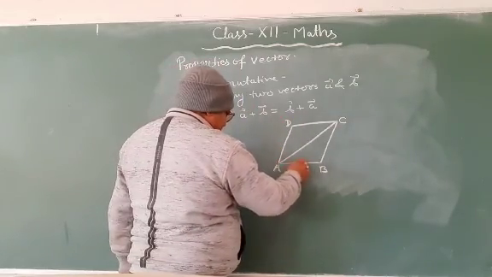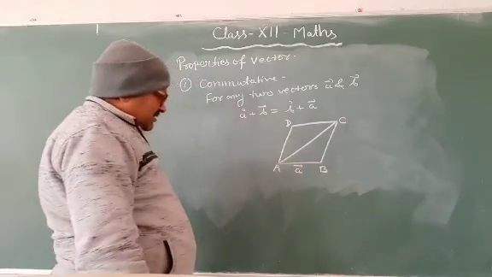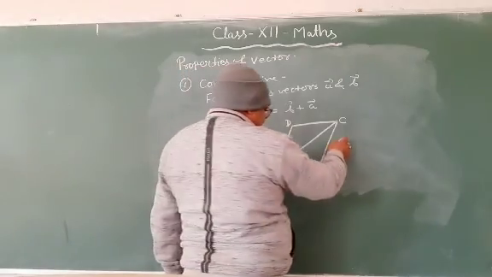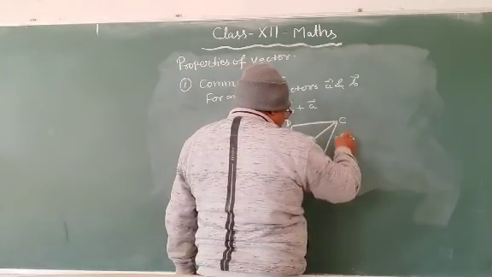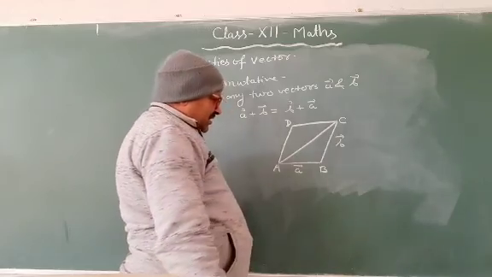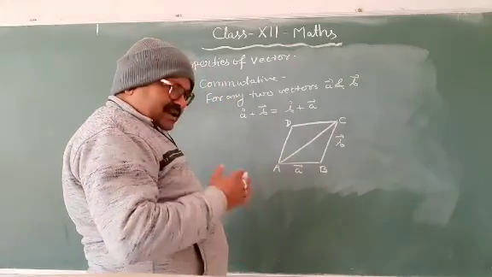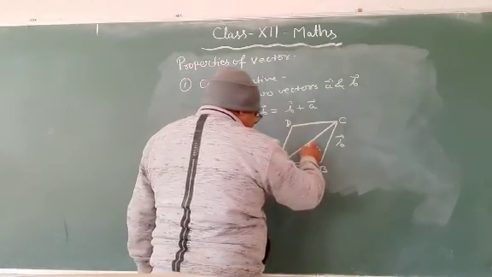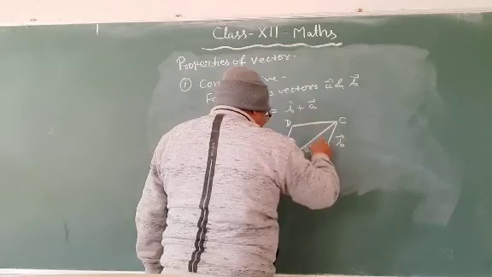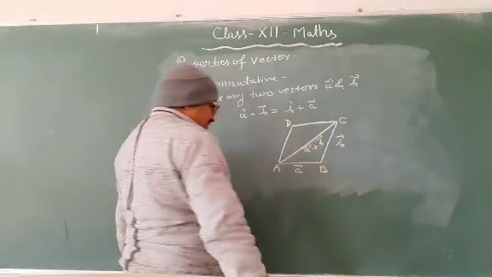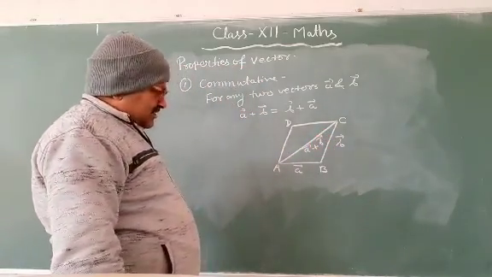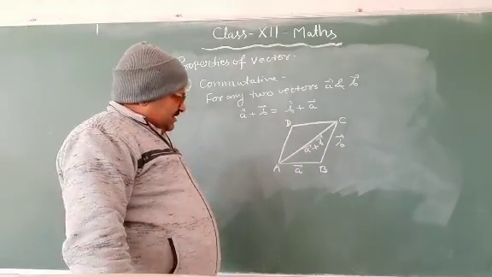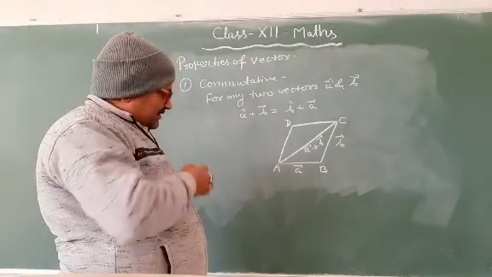AB is represented by a line segment of vector A, and BC is represented by a line segment of vector B. Then the sum of vector A and vector B is represented by the line segment AC. This is the triangle law of vector addition.